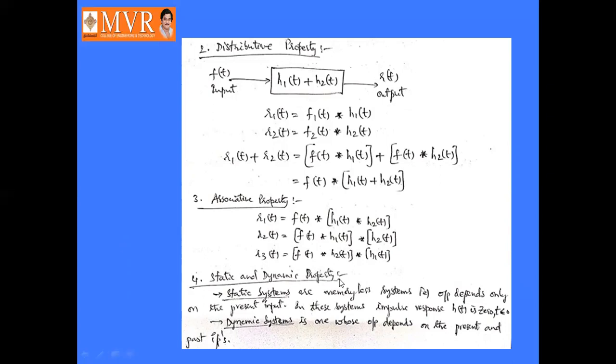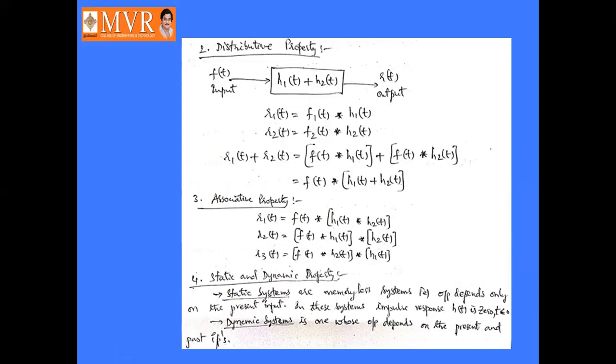Static systems are memoryless, that is, the output depends only on the present state of the input. In these systems, the impulse response h(t) is 0 for t less than or equal to 0.